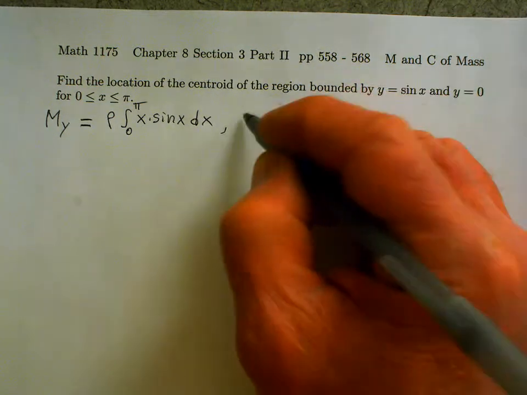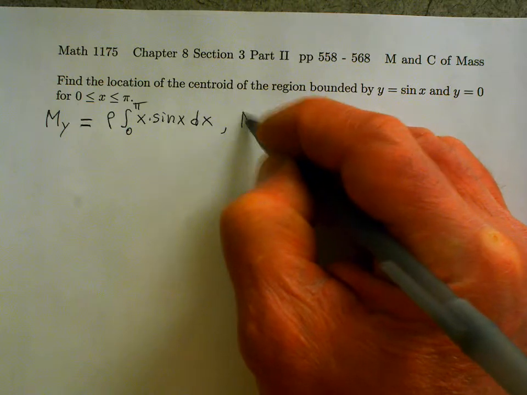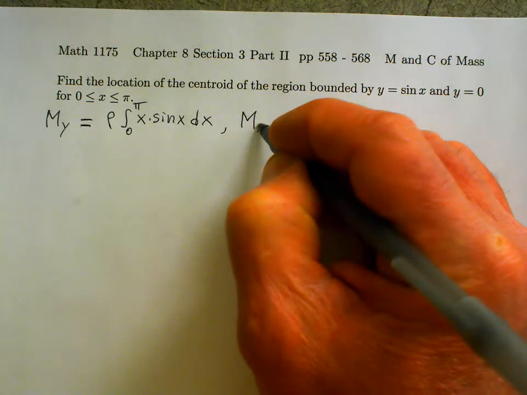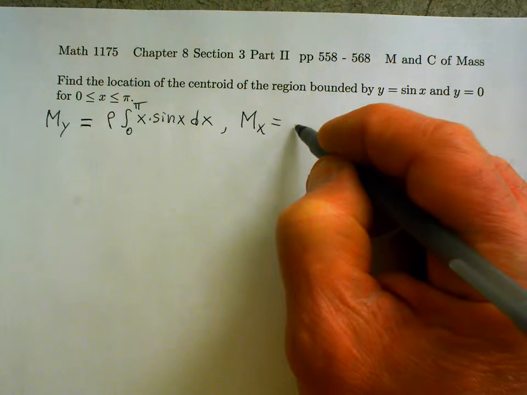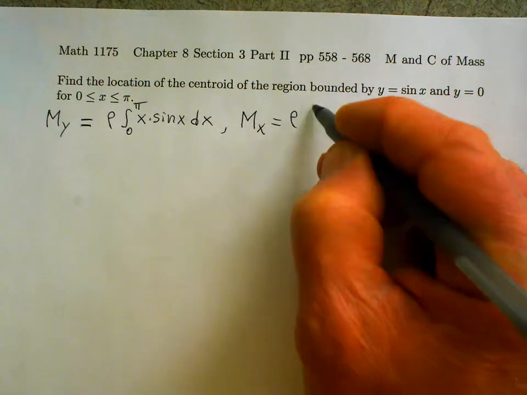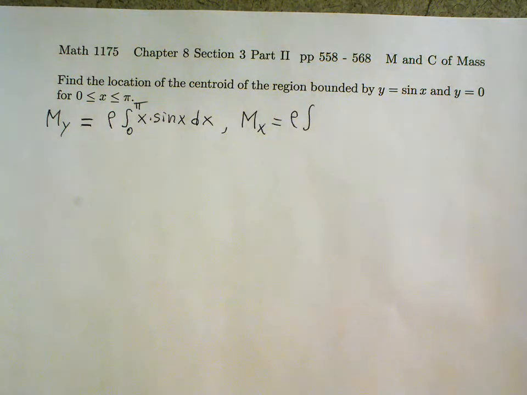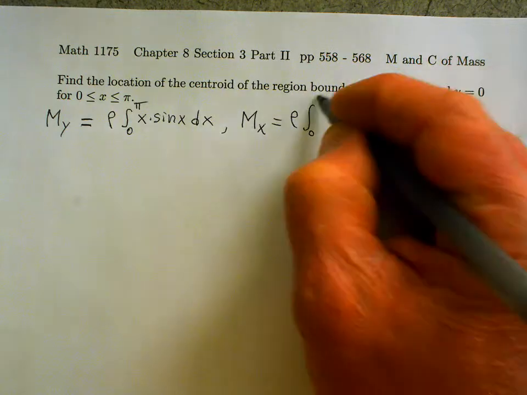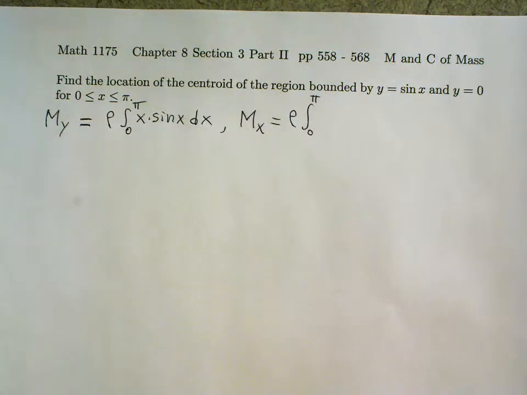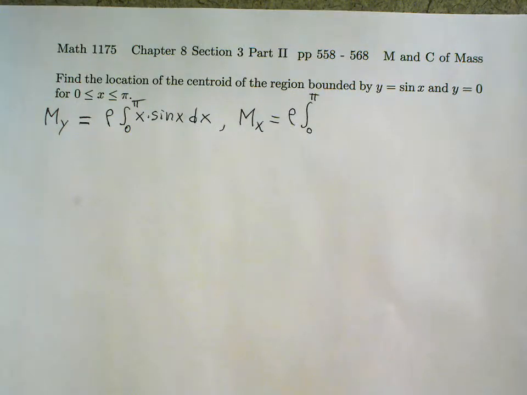What's the moment of that region about the x-axis? This one is rho times the definite integral. The limits are the same, 0 to pi. And what's the integrand for this integral?